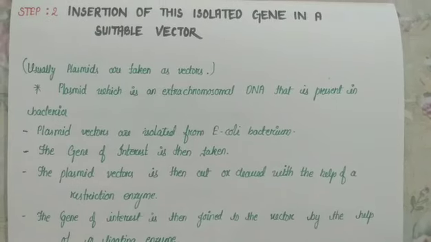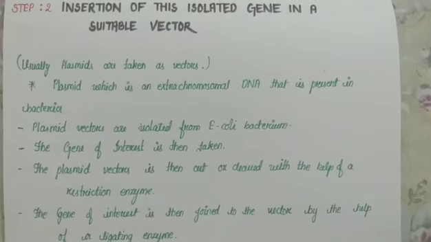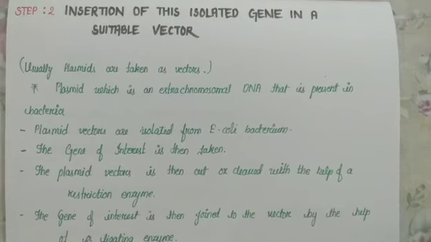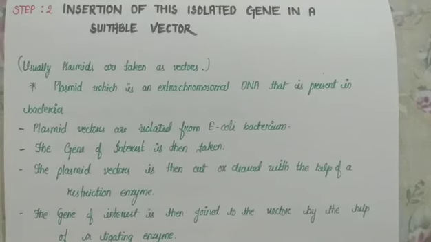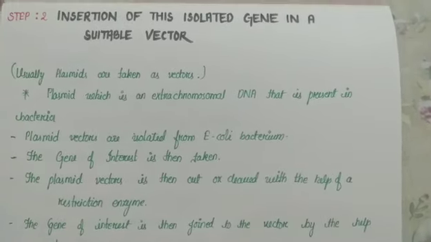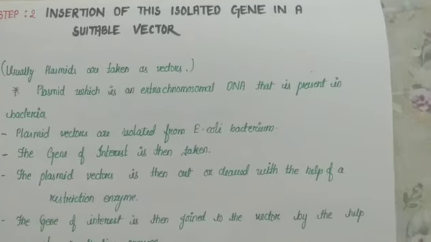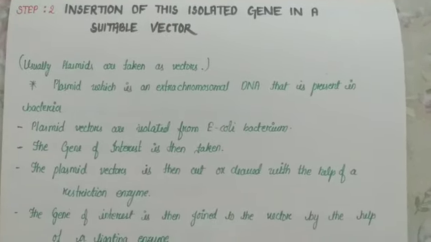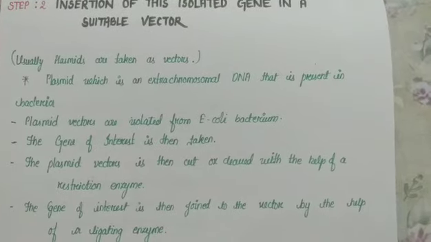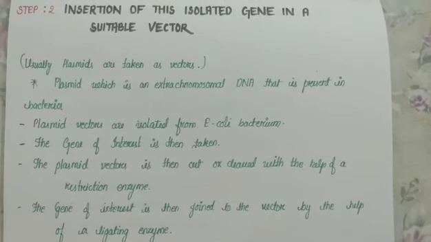For example, as I said, if there is a diabetic patient, then we require the gene which is responsible for the secretion of insulin hormone. So let's consider the same example. Here we have taken the gene which is responsible for the secretion of insulin hormone.